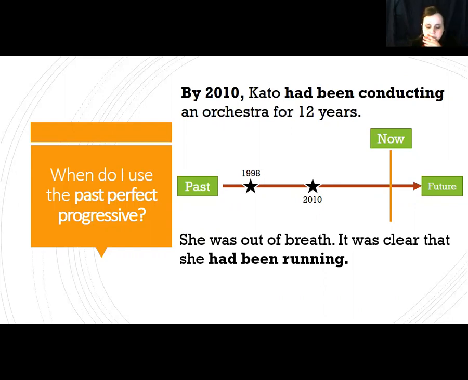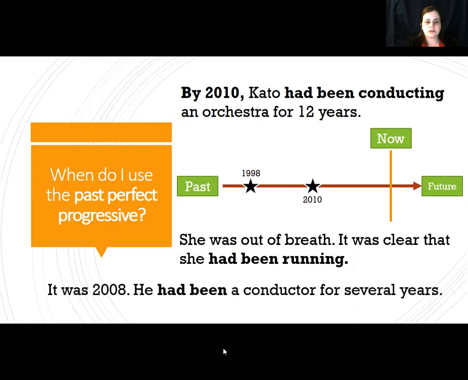Another thing to remember is that non-action verbs are not usually used in the progressive. Here's a sentence: it was 2008, he had been a conductor for several years. The sentence works, it makes sense. You would not say he had been being a conductor.